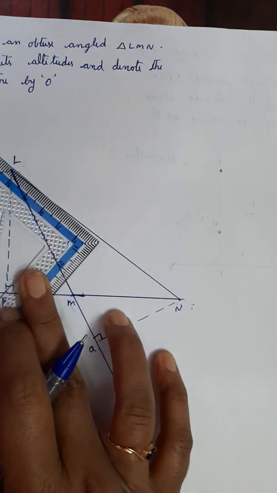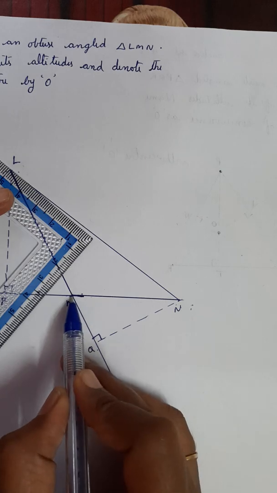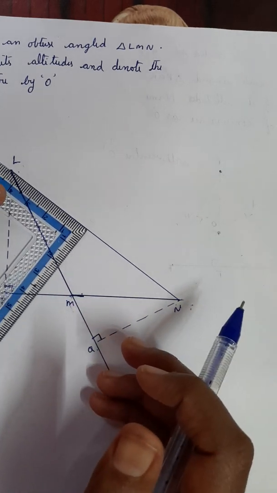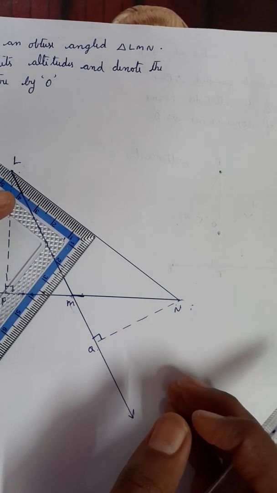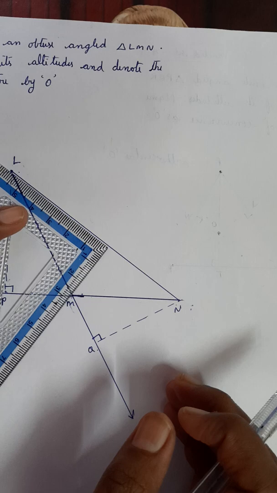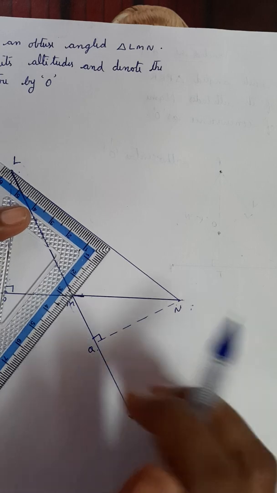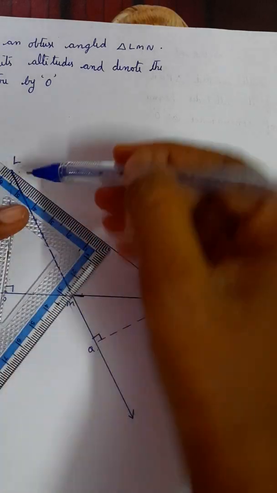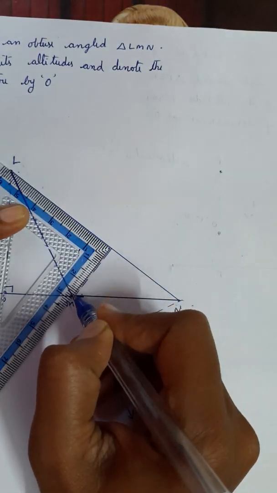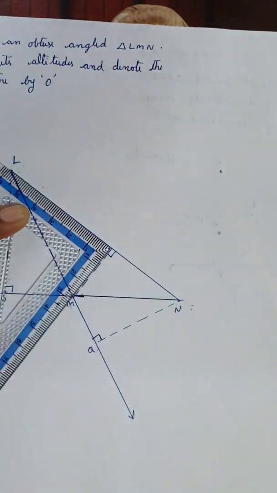Keep the base of the set square on LN and the opposite vertex is M. So here the perpendicular height of the set square should meet M. This is simple. See, this should not disturb the line, and see, this is the altitude.